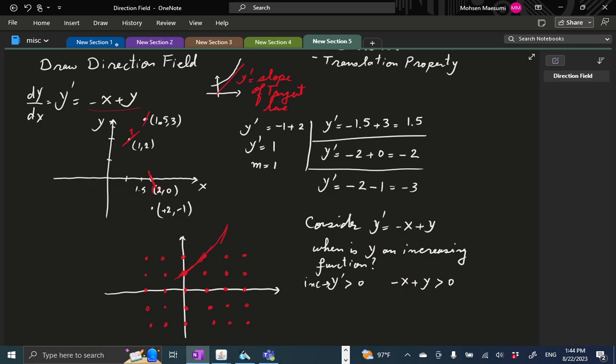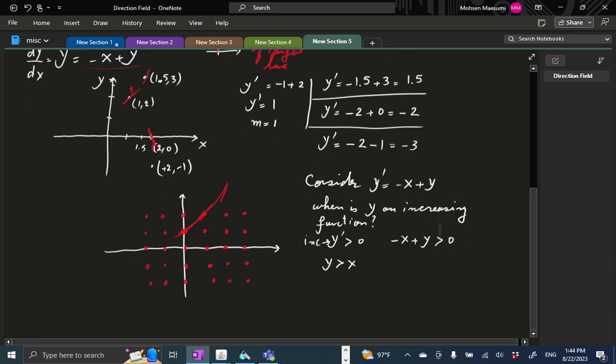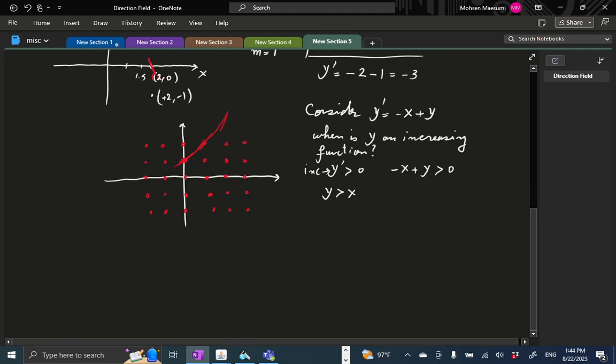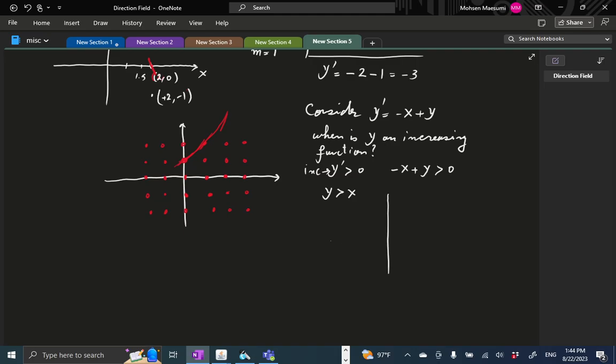We know a little bit about inequalities, so we can rewrite this as y is larger than x. So if y is larger than x, our solution will be increasing. Now, where is y larger than x? And where is y less than x?